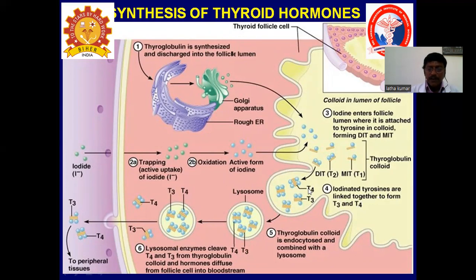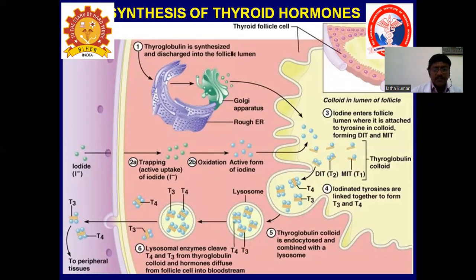Then the T3 and T4 come out from the lumen and enter into the follicle again. Thyroglobulin colloid is endocytosed and combined with the lysosome. In picture 5, we can see that within the lysosome, T3 and T4 are present, and they move out into the blood again. From the blood, iodide enters by the process of iodide trapping.